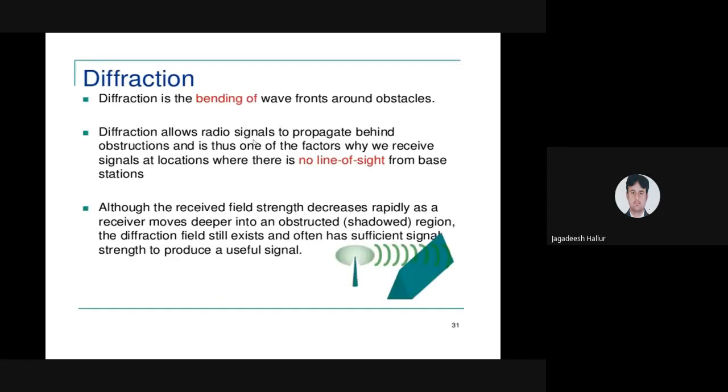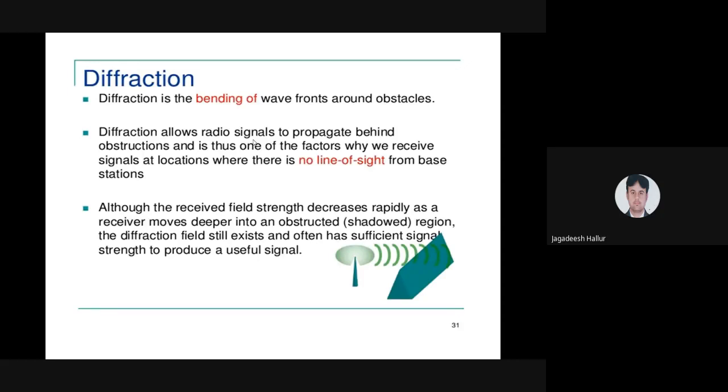Okay, and the next point is diffraction. What is diffraction? The wave is going to bend at the edges of physical objects. Diffraction of light, diffraction of sound, and diffraction of waves.